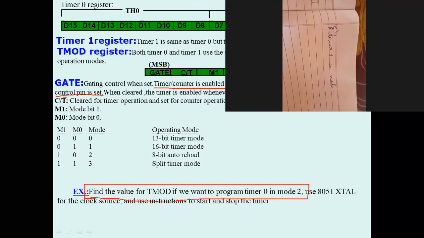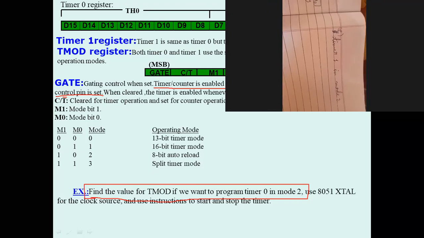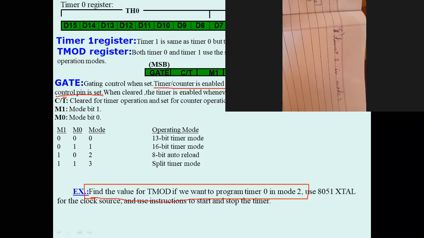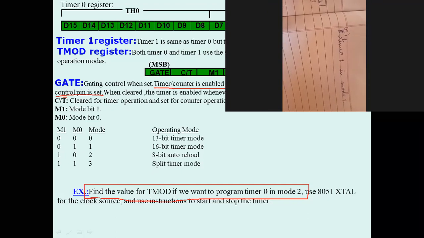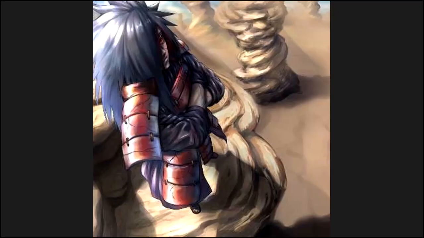Everyone has written the question. This is the homework for all of you. Tomorrow's class will not be there. We'll meet next week. Till then, you need to get the things right. Thank you. I'm sharing this. Please do this quickly.